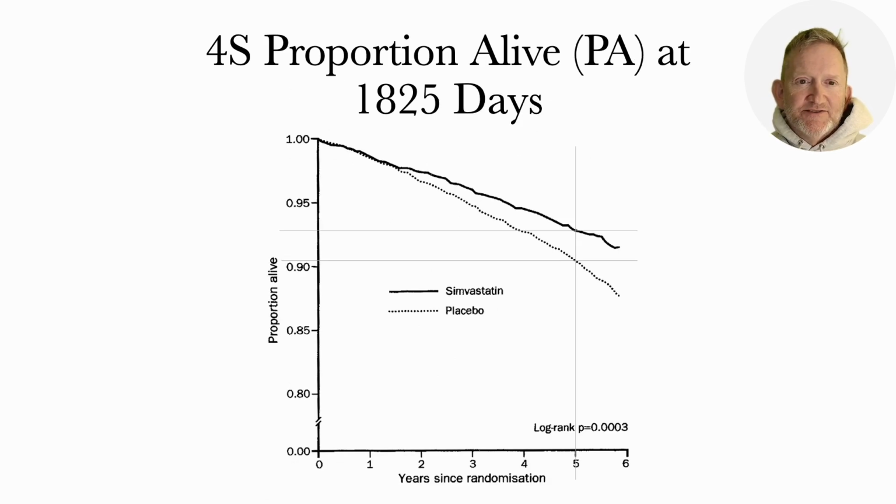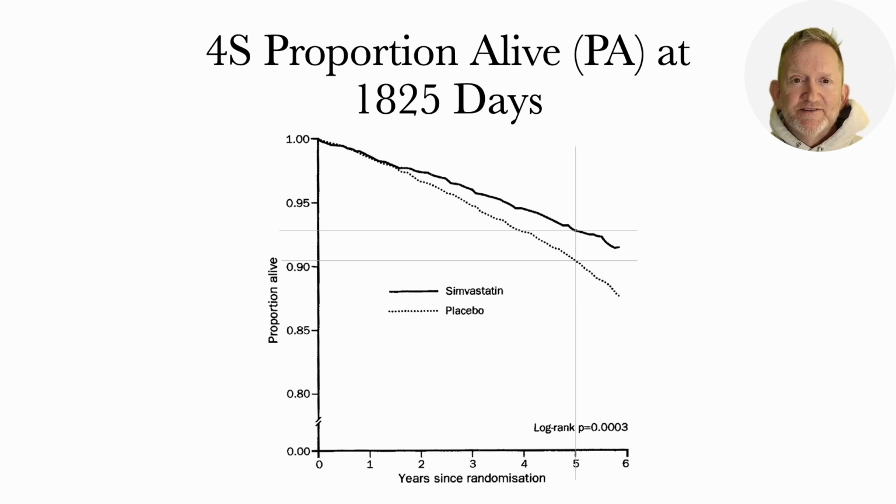In order to calculate the individual daily risk in the two arms of this trial, we need to draw 3 lines. The first vertical line goes at some years or duration of the trial, and the 2 other lines just mark off the proportion alive in the 2 groups at that time.